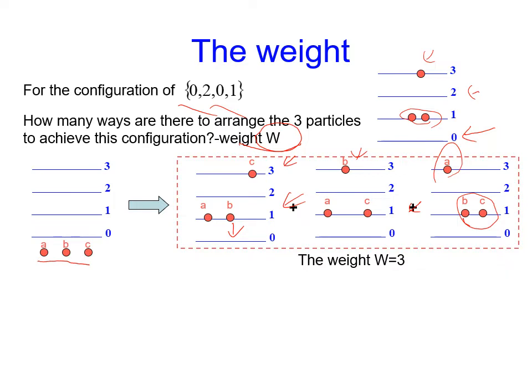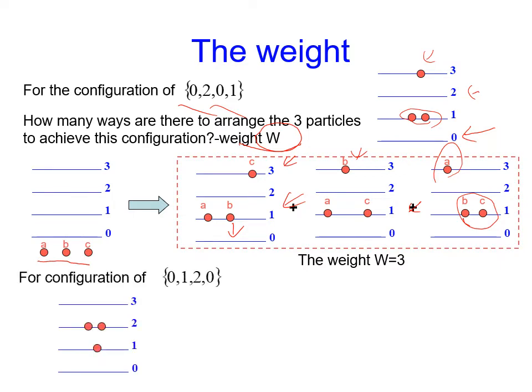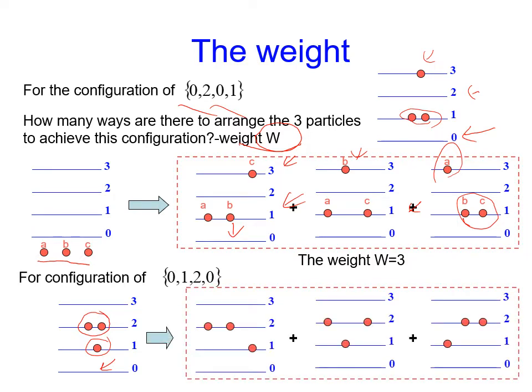Now let's look at the second possible configuration, where no particles are at the lowest energy, 1 at the second energy level, 2 particles at the third energy level, and 0 at the fourth energy level. Again, if we label A, B, C, then the number of possible arrangements is 3 also.